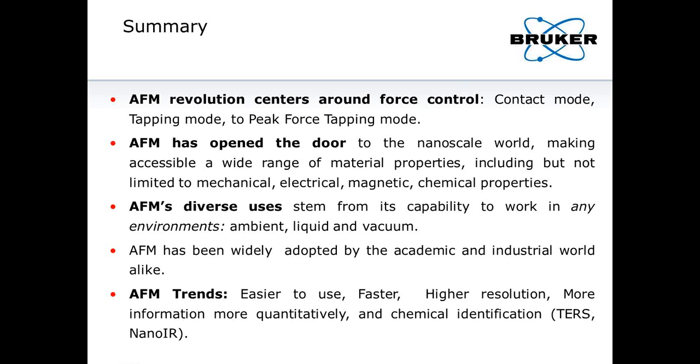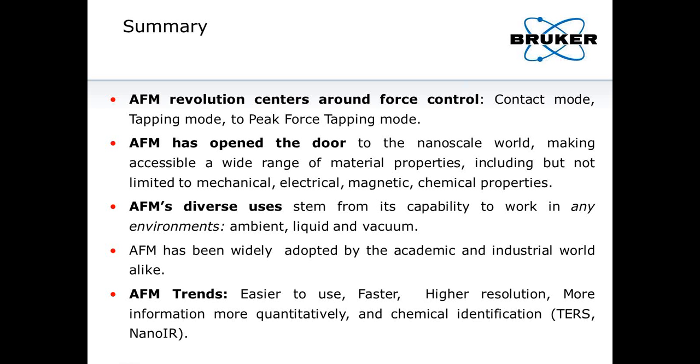The reason is when you do tapping mode, you want the cantilever to be relatively stiff. So when you move the tip up and down, you don't want the tip to get stuck in the liquid layer that's usually on the surface in ambient conditions. So the spring constant of a tapping mode probe is usually stiffer.